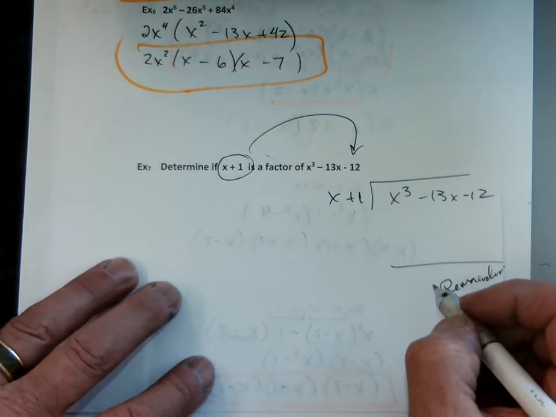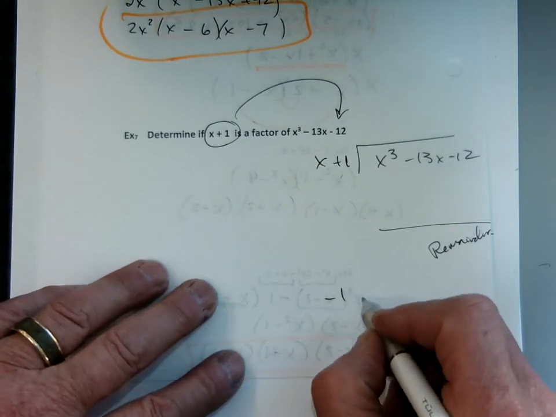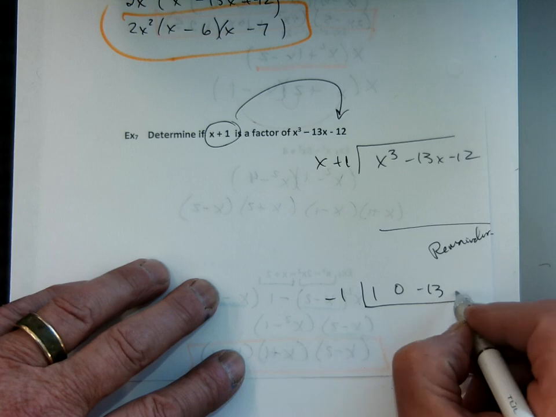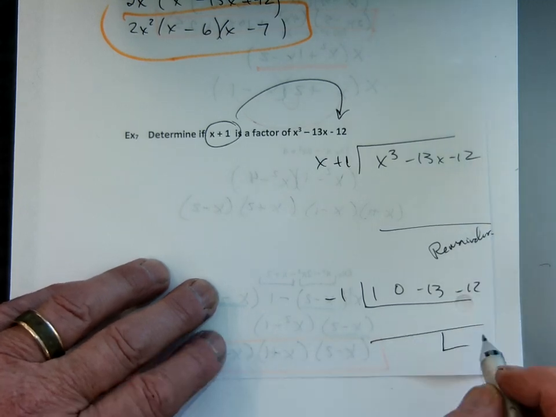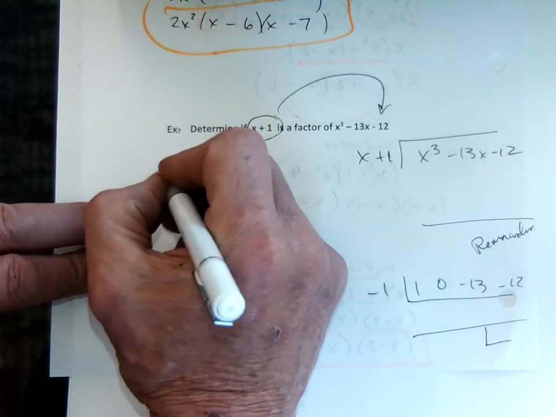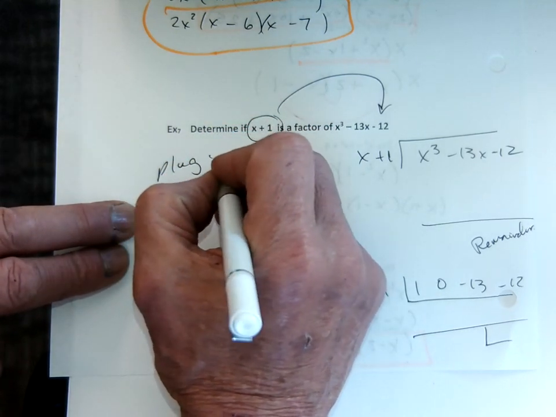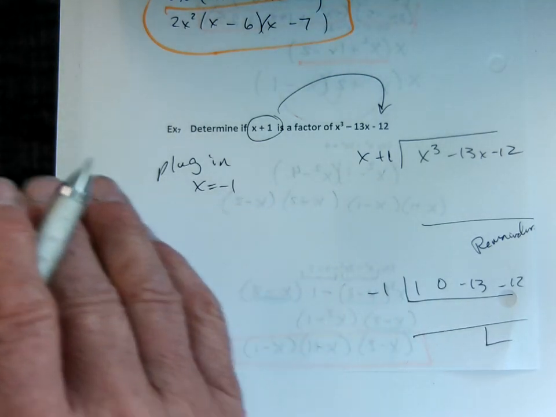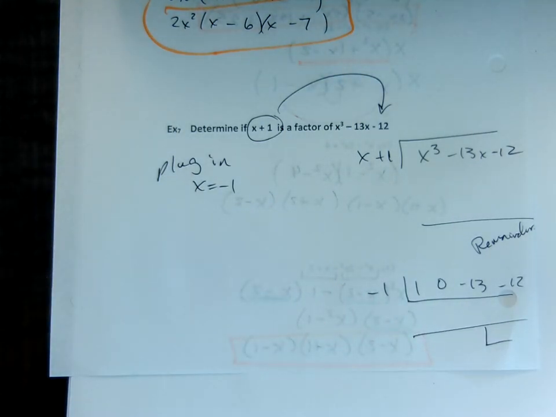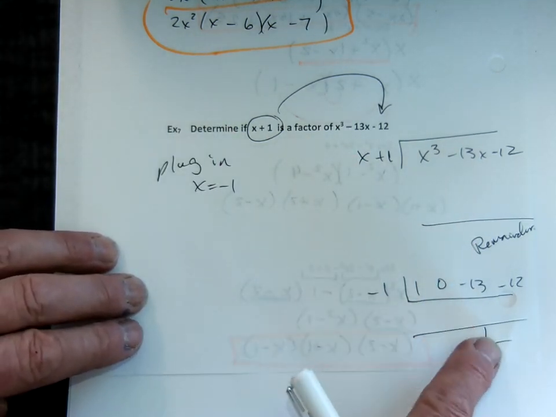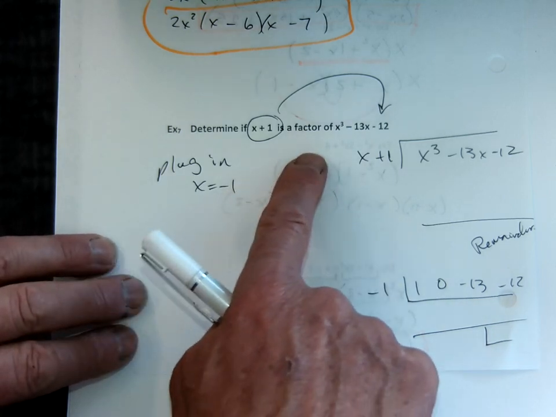We could do synthetic division and look for a remainder, or we could plug in x equals -1, and by doing synthetic substitution, you get the remainder.